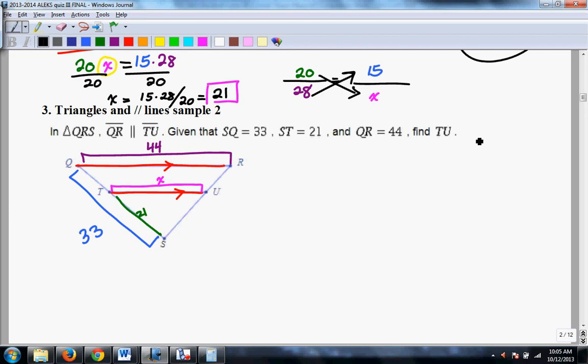Okay, remember, when you have a triangle with parallel lines, you have 2 ways to view it. Let me just draw a little baby triangle here. You have parallel lines slicing through it.